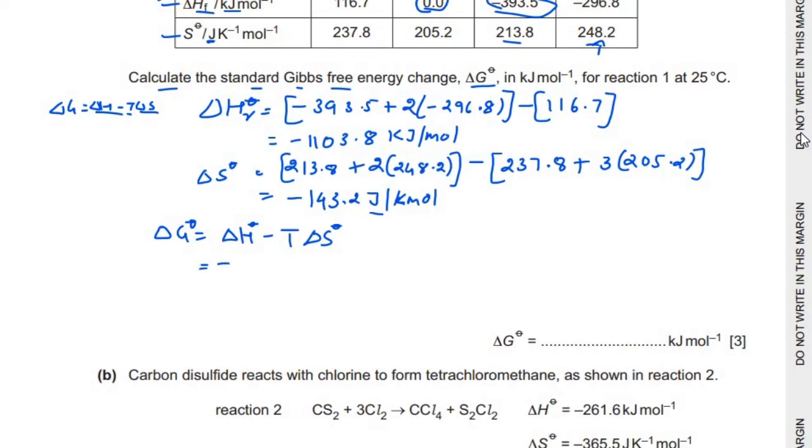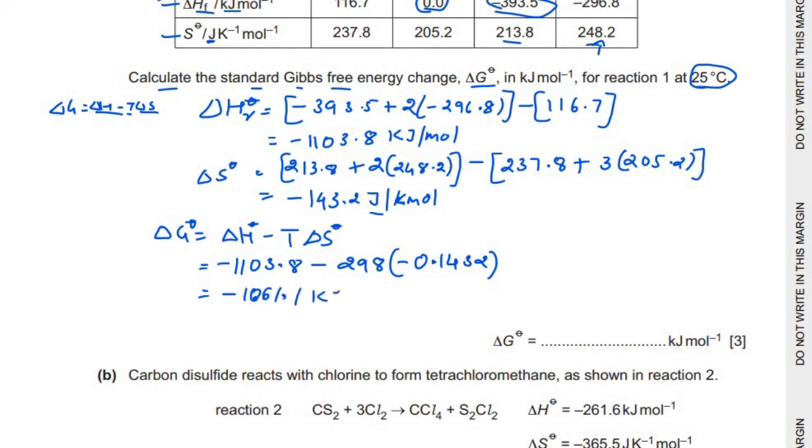So that is minus 1103.8 minus, now temperature is given here 25 degrees Celsius, but if we convert that into Kelvin, we have 298. Again 298 into entropy change, but this time entropy change has to be in kilojoules. So if we convert that, it is 0.1432, because we divided it by 1000 to change it into kilojoules. And the answer is minus 1061.1 kilojoules per mole.